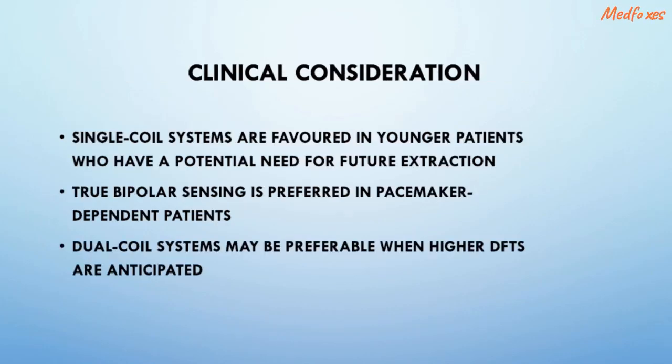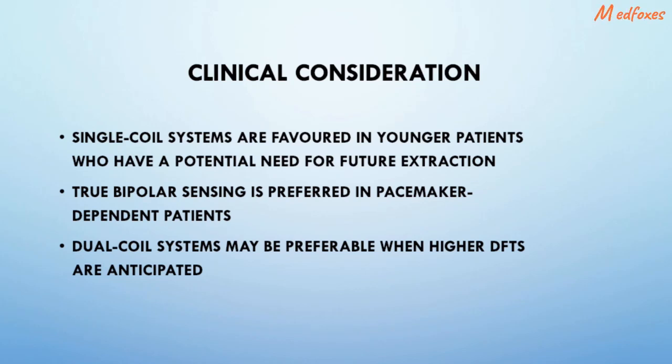Clinically, single coil systems are favored in young patients who have a potential need for future extraction, although EPTFE coated leads may mitigate the disadvantages of dual coils. True bipolar sensing is preferred in pacemaker dependent patients in the setting of abundant lead and for patients who may be at increased risk for exposure to electromagnetic interference.